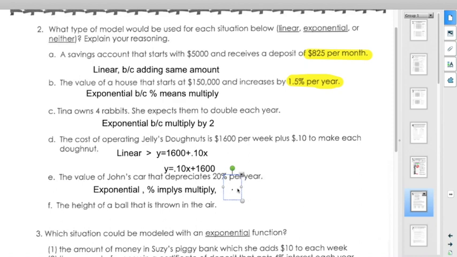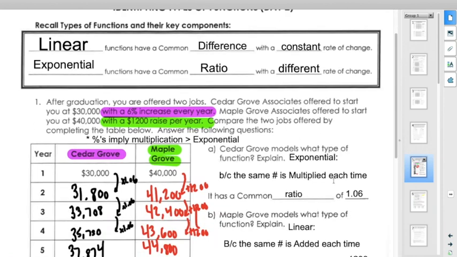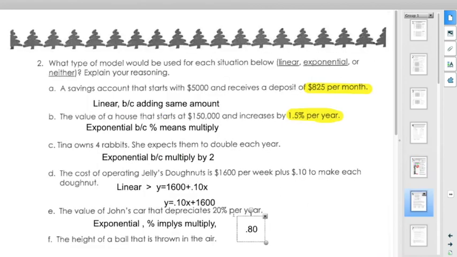We would actually multiply by 0.8. And the reason we would do that is because we always start at 1. Just like in the first example, we started at 1, but it's a 6% increase, so I add 0.06 to 1. Here it's a 20% decrease, so I subtract 0.20 from 1, and I'll get 0.8.